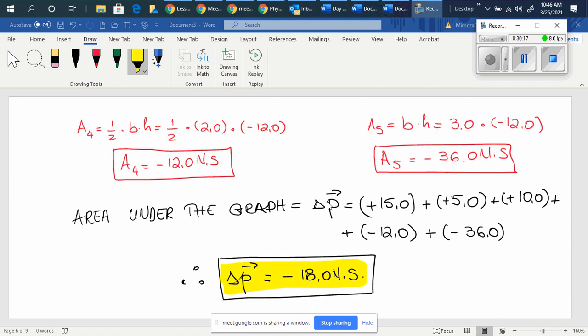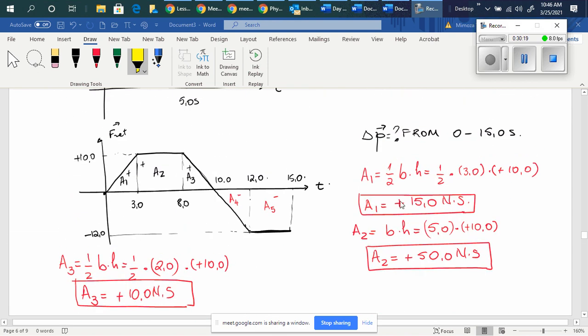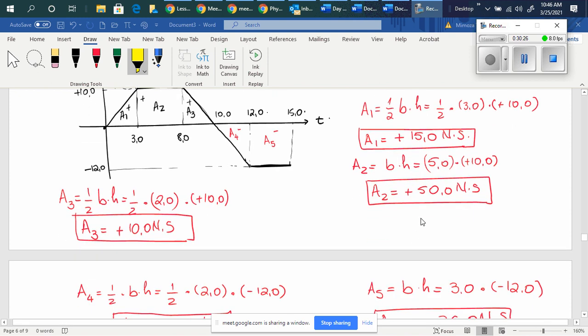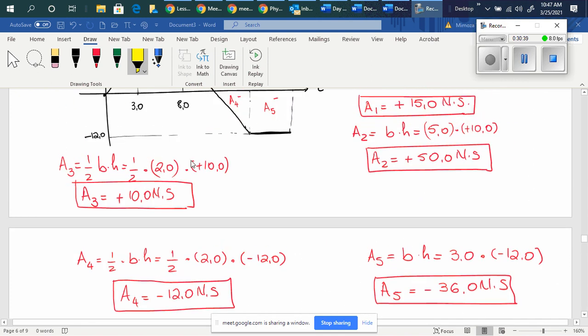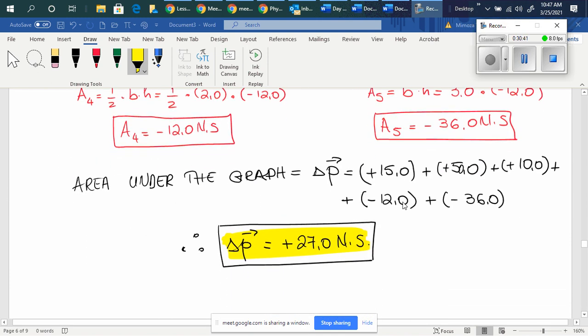So this will be the answer. The way that we are doing it is finding area 1, which is positive 15, area 2, positive 50, area 3 is positive 10, area 4 is negative 12, and area 5 is negative 36.